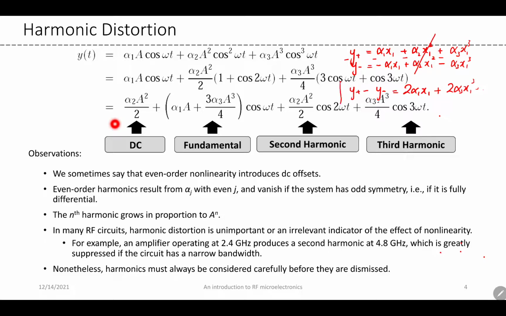So in differential systems, you don't have these even order terms, and when you don't have these even order terms, you don't have this nonlinearity. So in a differential system, you will not find DC offsets. Okay.